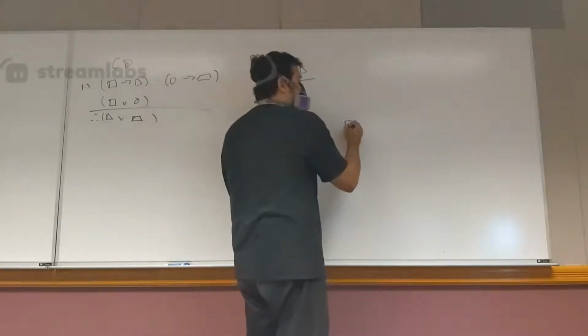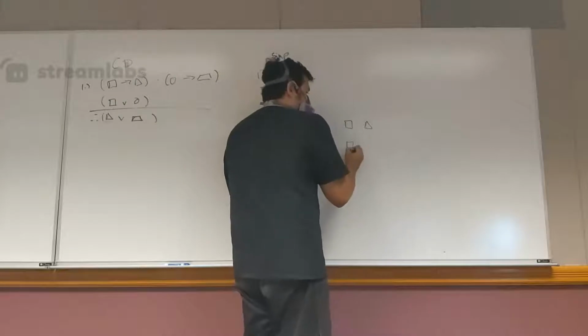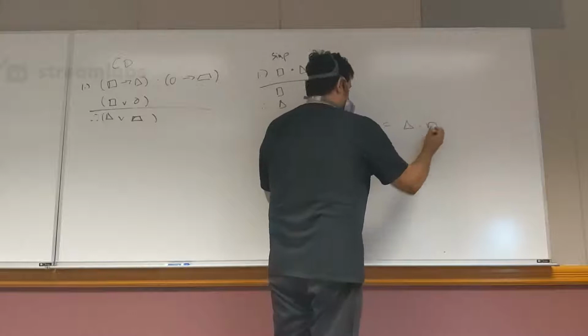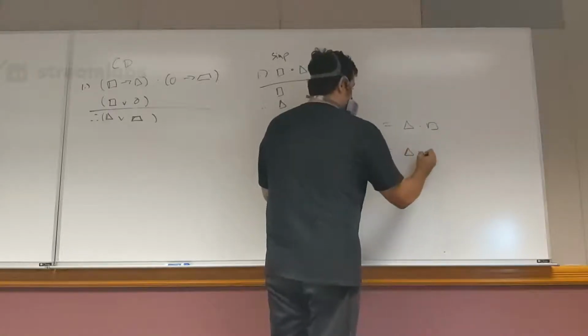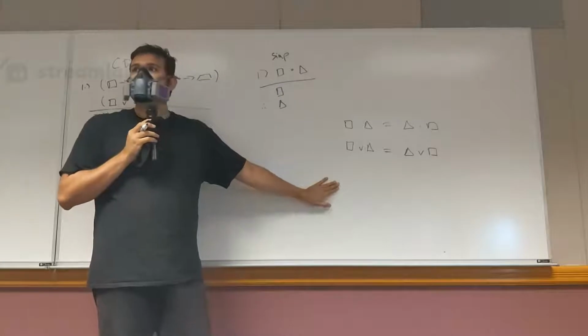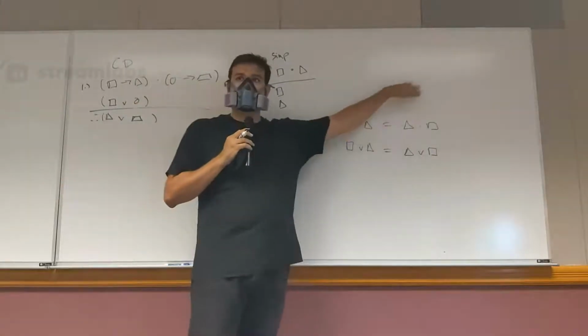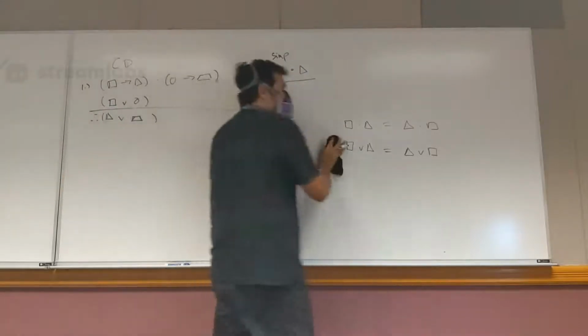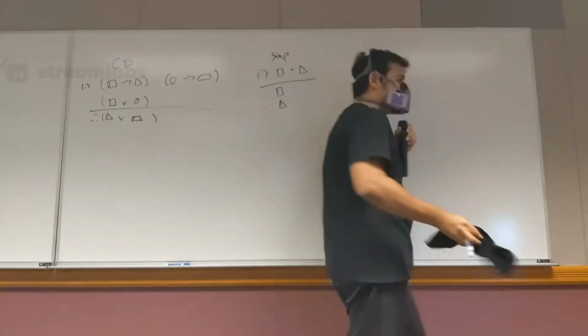If I have square and triangle, square or triangle, both of these are just the same thing as that. Does that make sense? So for some of the rules we'll learn later, they work for multiple, but for basically everything we're learning now, just that one type of operator.